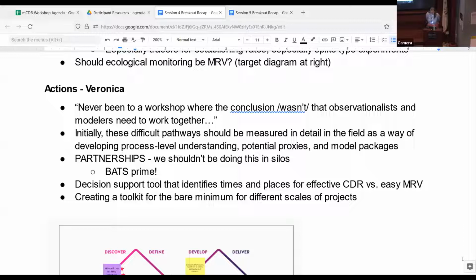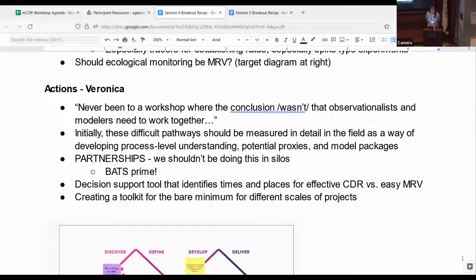Another action is that initially these more complex pathways and ecosystem impacts need to be measured in as much detail as we can in these field experiments. From that, the intent is that we can develop process-level understanding, and with that, see whether there are potential proxies or improvements to model parameterizations that allow things to be less intensively sampled when things begin to scale.